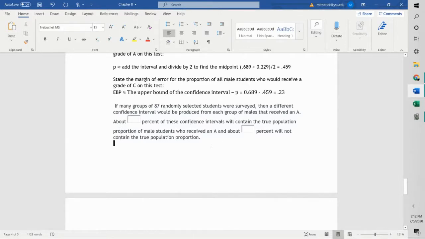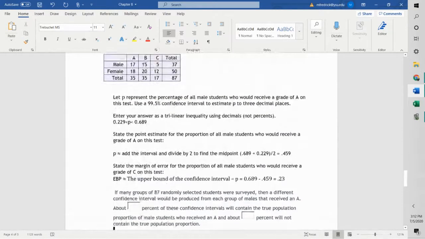There's a lot of these questions on there, and it's just using your percents, because if I keep getting samples, I am 99.5% confident that the true proportion will be in here. It will be here 99.5% of the time. The other 0.5% of the time, it won't. So every time I get a sample of 87 students, it will be between here.